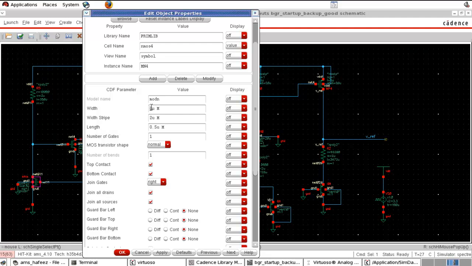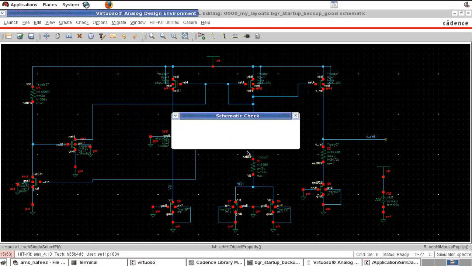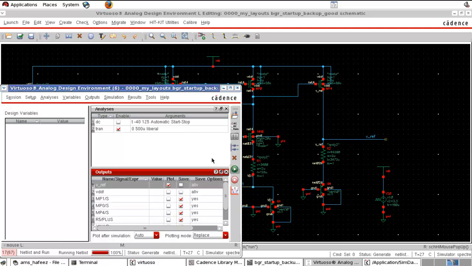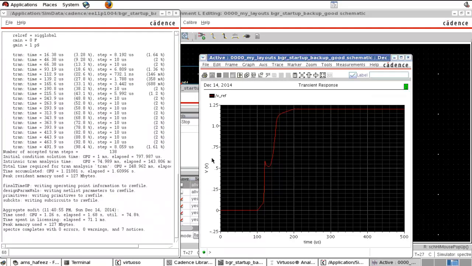So I'm making this a little bit big, and let us run the simulation. And we are plotting the reference voltage. Now you can see the reference voltage came to 1.2 volt. So there is no startup issue now.